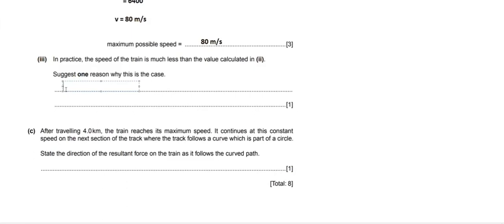Due to the work done against friction, the speed is actually less, because there is friction, and work is done against it, which reduces the speed. Or you can also write that some energy is converted into thermal energy as well. That is also okay for this question.